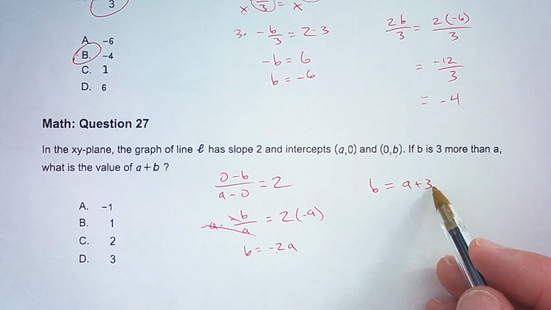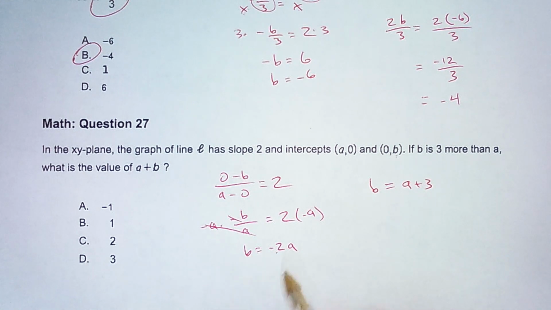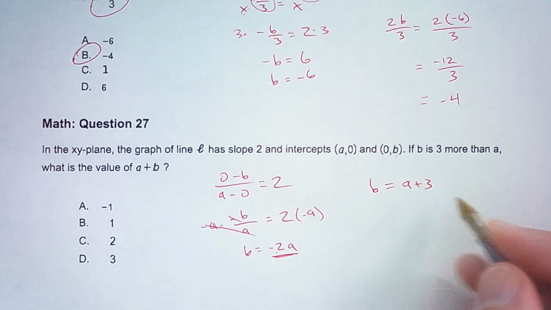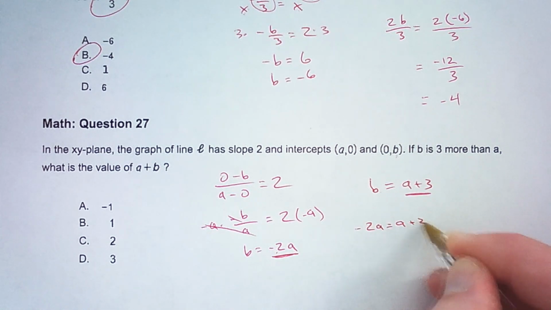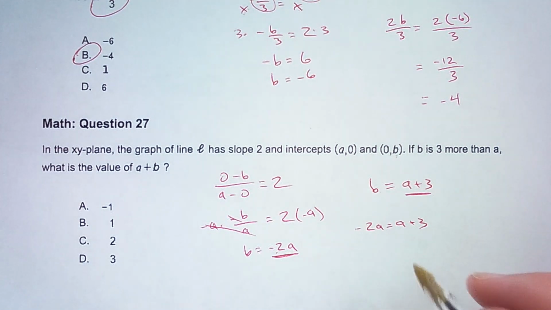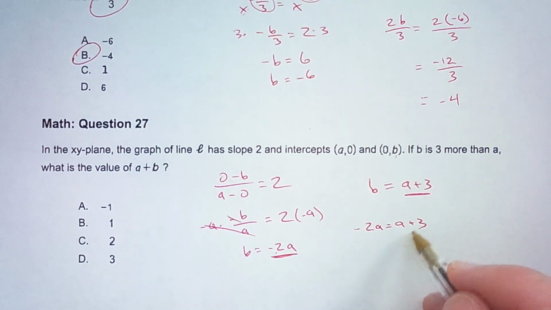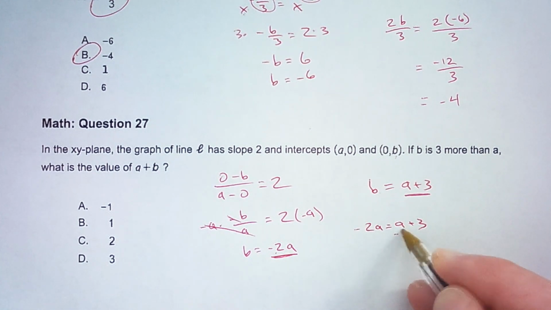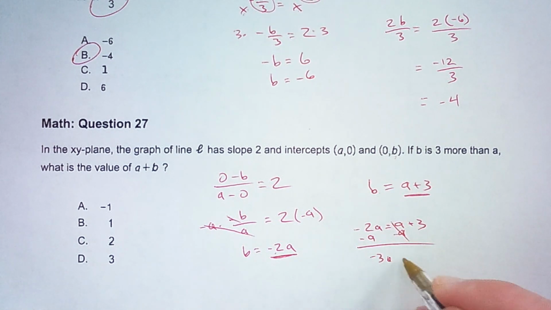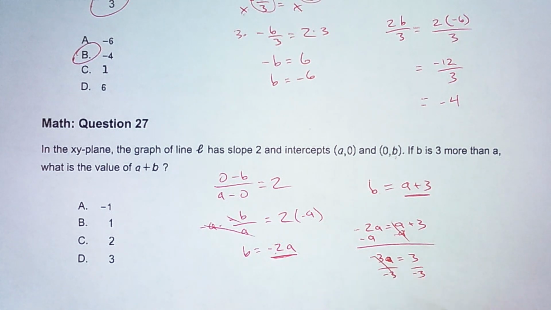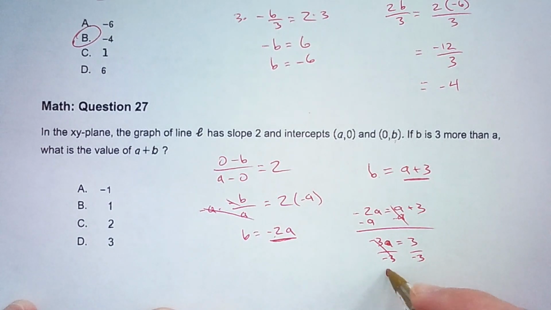Okay, so let's use substitution and say that negative 2a equals a plus 3. Then I can subtract a and get negative 3a equals 3. Now I can divide by negative 3, and I get a is negative 1.